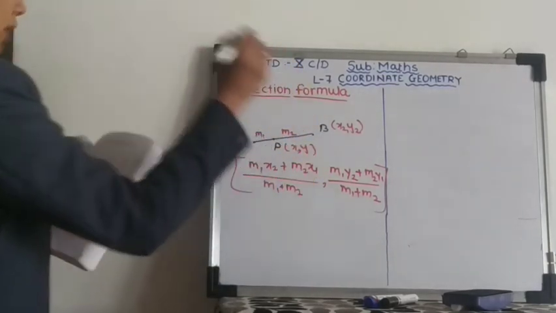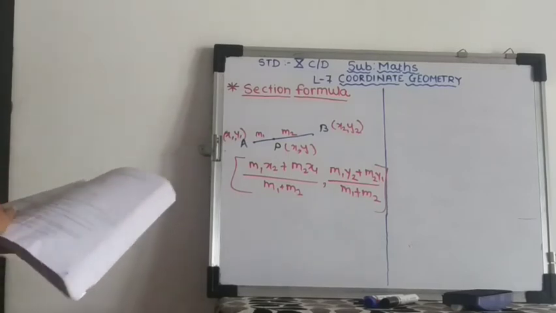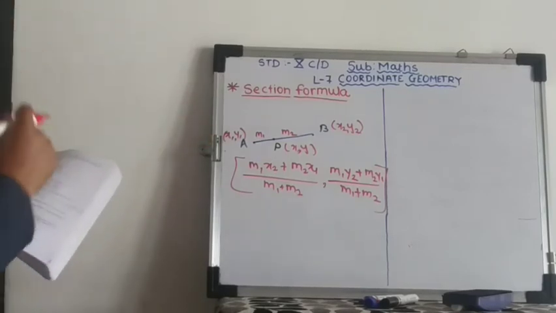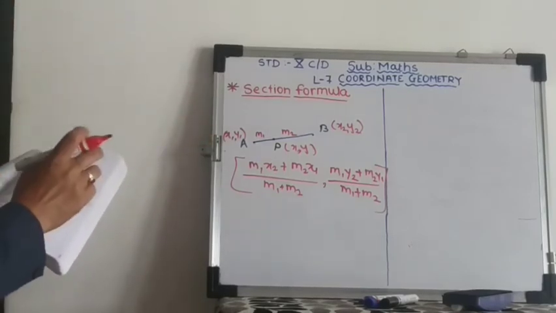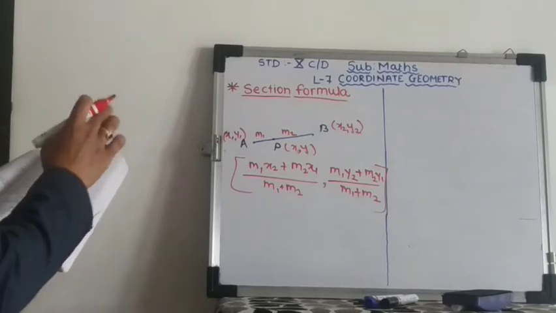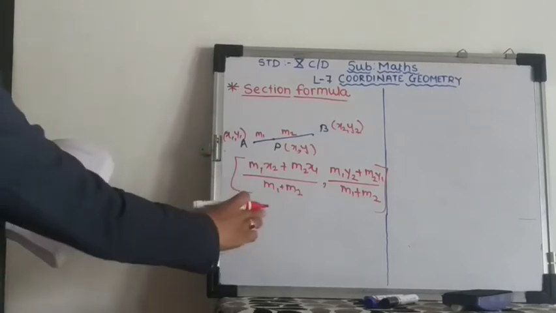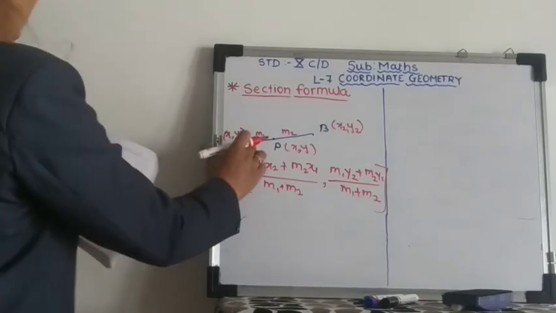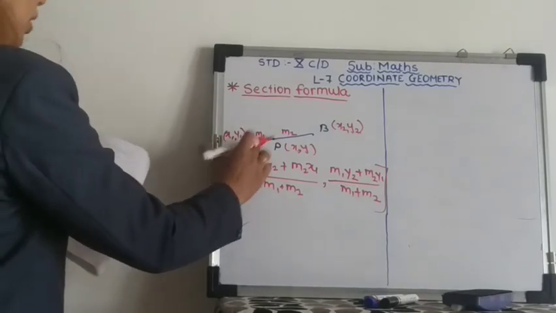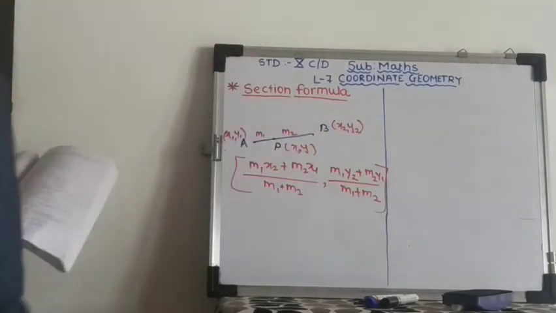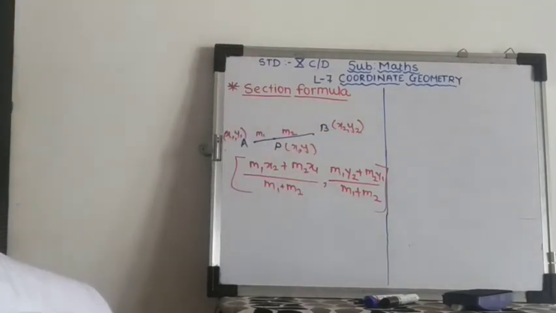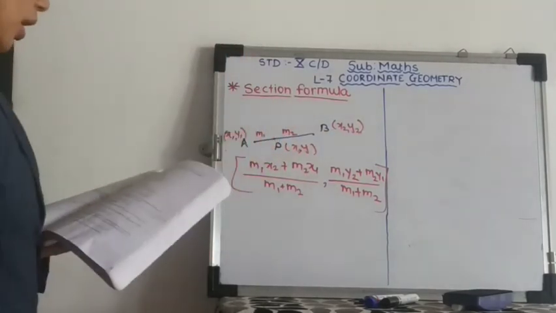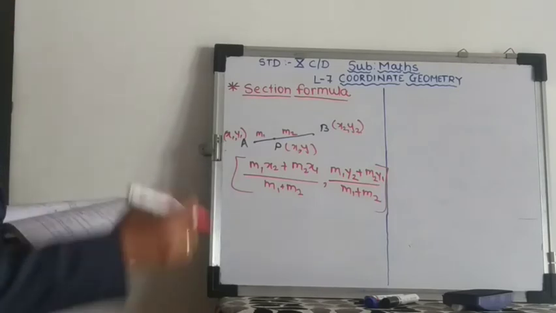So the coordinates of point P, x y, divide the line segment joining the points A, x1 y1 and B, x2 y2 internally in the ratio m1 is to m2.